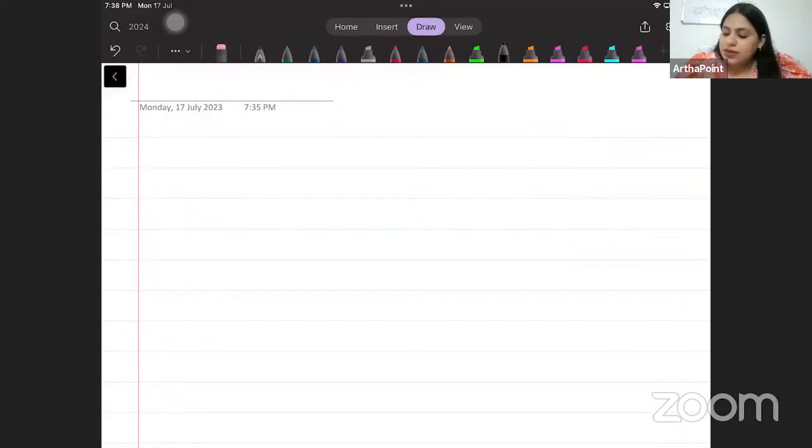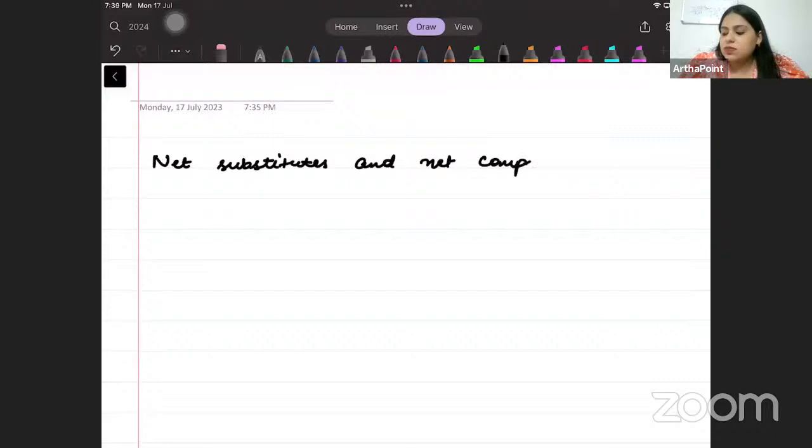To begin with, let's write down the definition of net substitutes and net complements. If you remember, in the last class, I talked about the demand curve in case of compensation.